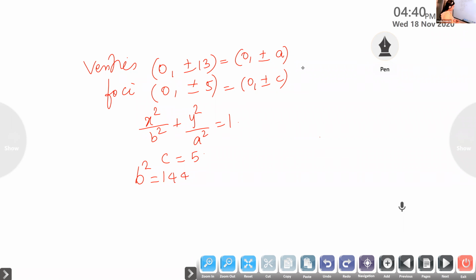If B square is 144, what is the equation of the ellipse? Annette, what is the equation of the ellipse? B square we got as 144, so what will be the equation of the ellipse?